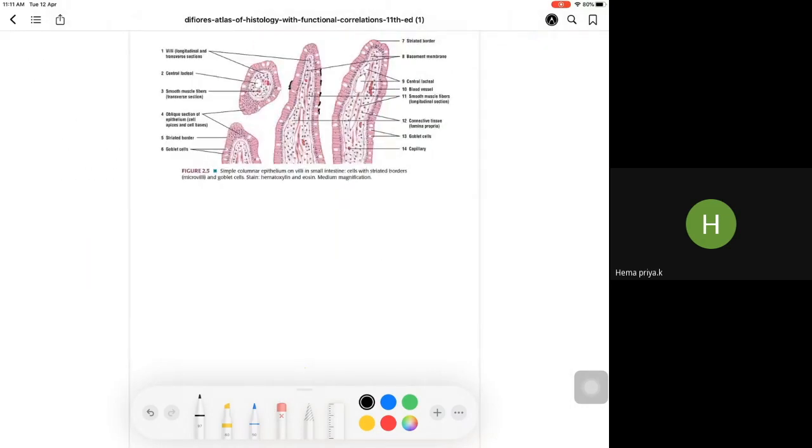Okay, so when you draw, when you take only this portion, on top you will see villi, and then it will be a single layer of tall columnar cells, and in between you see the goblet cells. The tall columnar cells have the nucleus at the base, and let us fill the goblet cell with mucin.